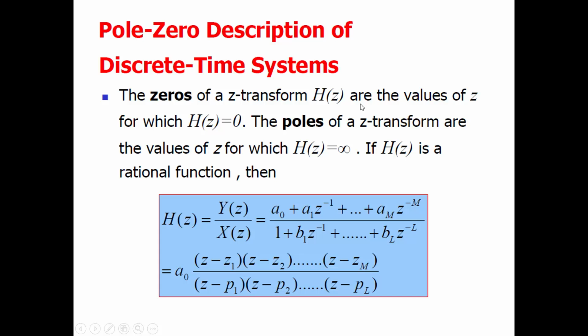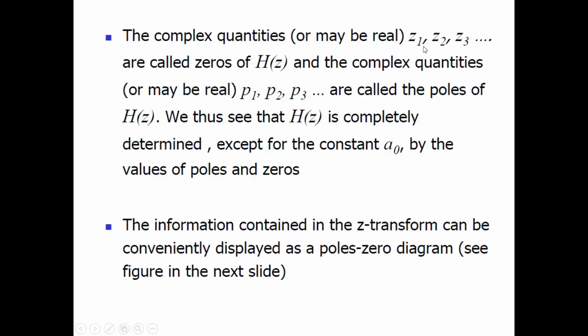So zeros take the value of H(z) to 0, poles take the value of H(z) to infinity, where A naught is a constant, which is the gain of the system. Now the complex quantities z1, z2, z3 are called zeros, and the complex quantities p1, p2, p3 are called the poles. We thus see that H(z) is completely determined except for the constant A naught.